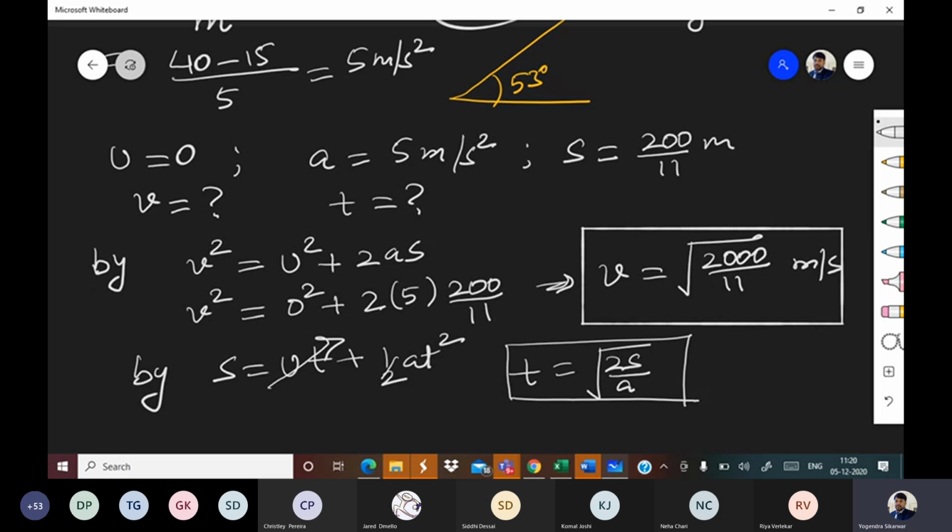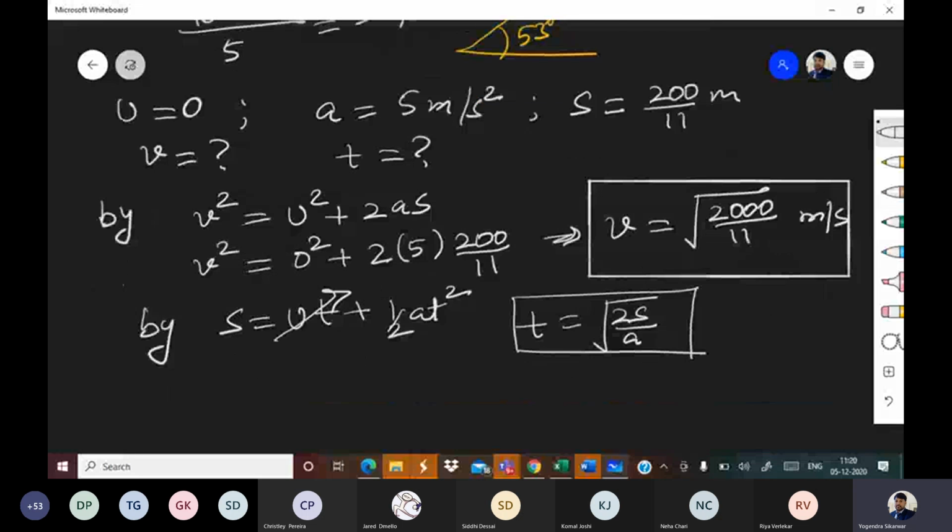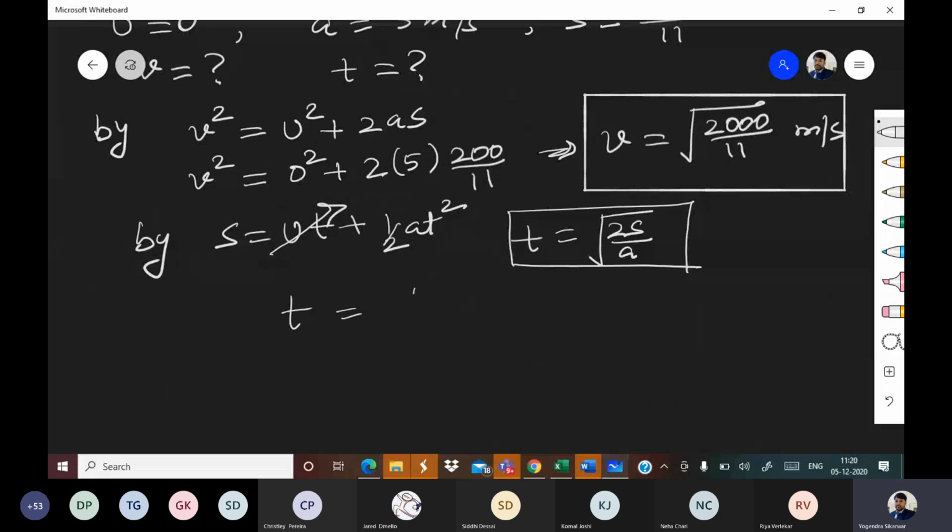So t is equal to under the root of 2 into 200 by 11 upon 5. That will be the answer. So that comes out to be root of 80 by 11.